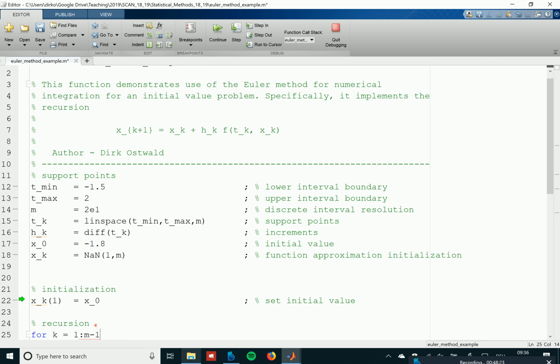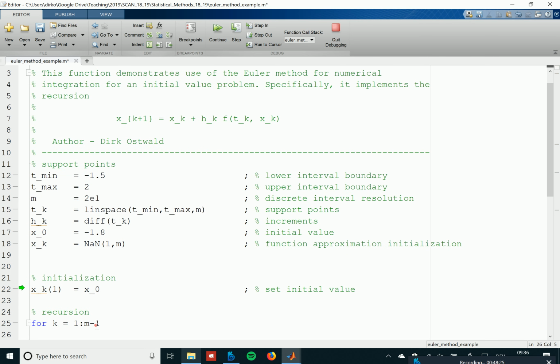Now we just need to be very careful because our hk is of a different size, but then we can have our hk at k plus 1.